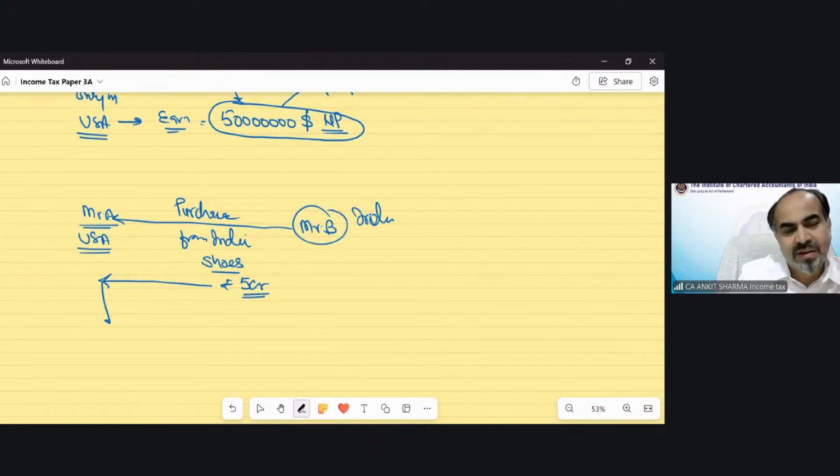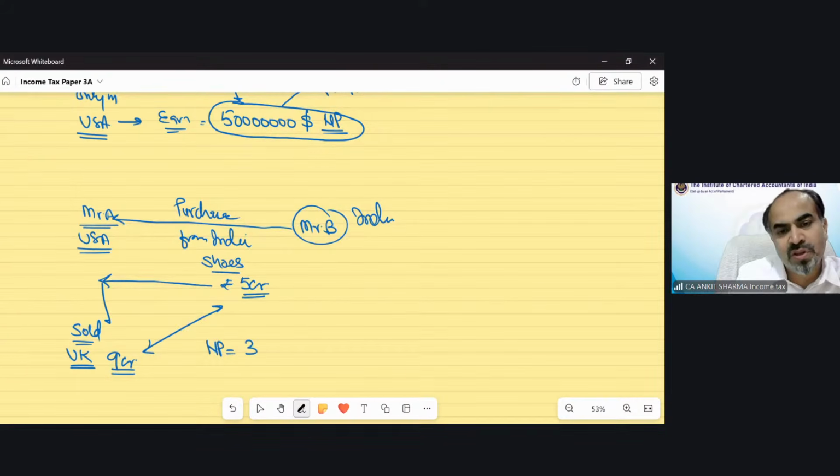And after that, after branding, etc., he sold these shoes to another country, UK, for 9 crore. Now suppose 3 crore profit he earned.